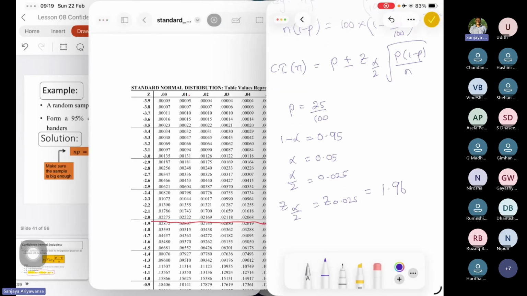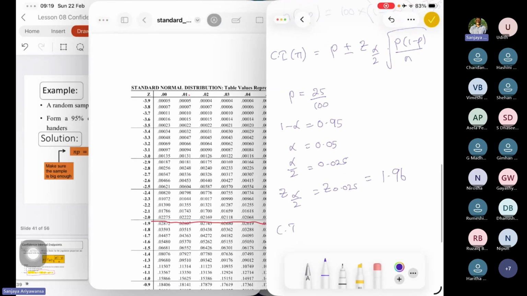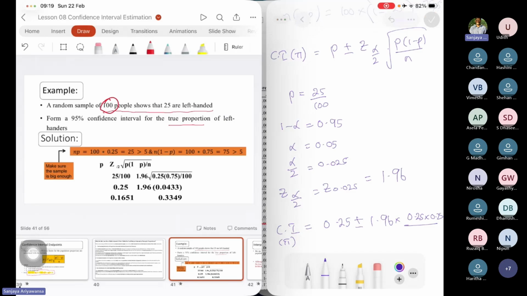Then I simply substitute the values into the confidence interval for pi. P is 0.25 plus or minus, because I have to have an interval: plus gives me the maximum level, minus gives me the minimum level. Z is 1.96 times the square root of P, 0.25, times 1 minus P, 0.75, divided by n, the sample size, which is given to us as 100.